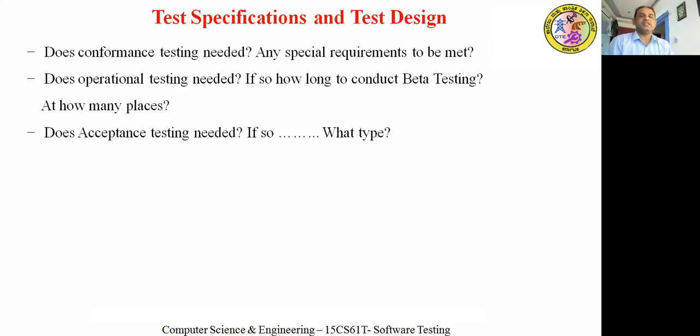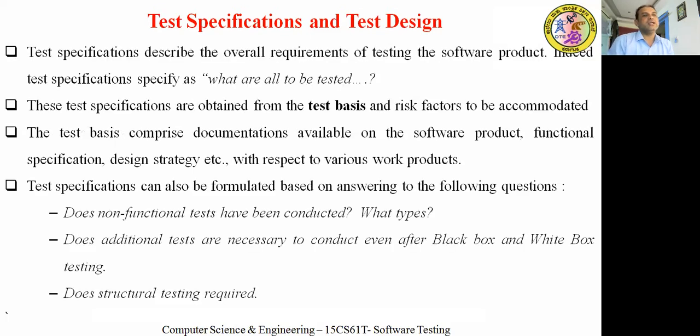Operational testing, where and at which location, beta testing for how many days, maybe one or two months, and in which countries, and whether acceptance testing is required and of what type.